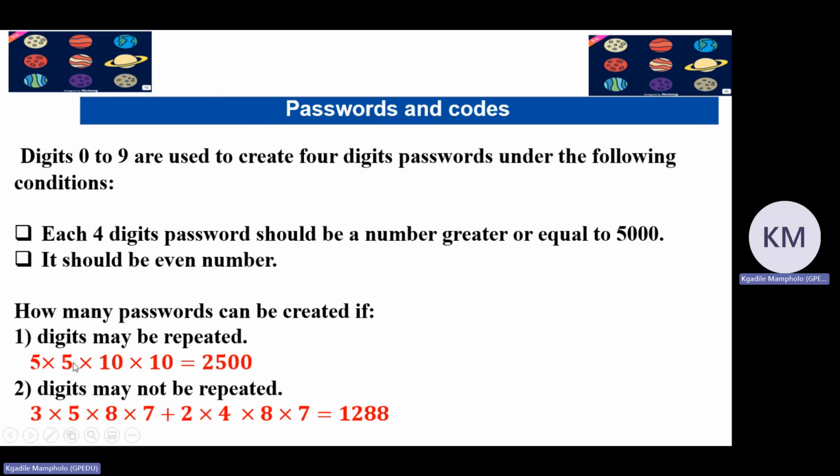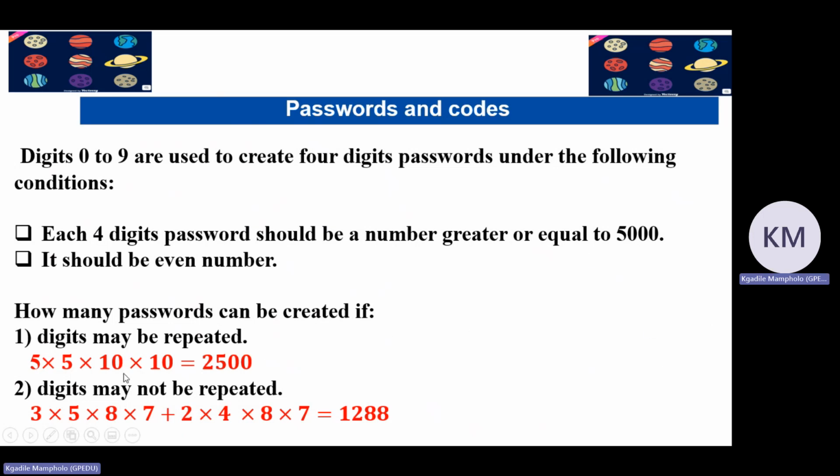The other 5 represents the numbers that can possibly be at the end for this 4-digit password to be an even number. Those 5 numbers are 0, 2, 4, 6, and 8. It doesn't matter what is in the middle, as long as at the end we have 0, 2, 4, 6, or 8, the number will be even.